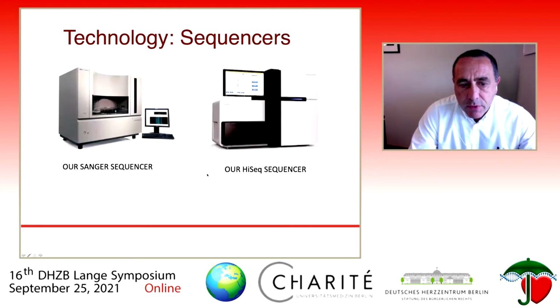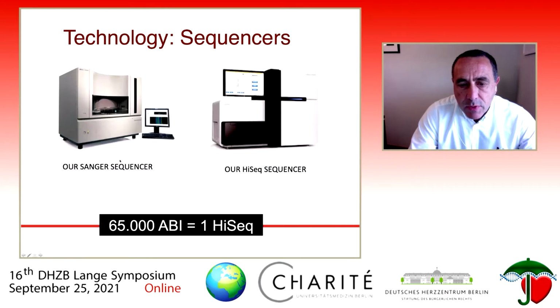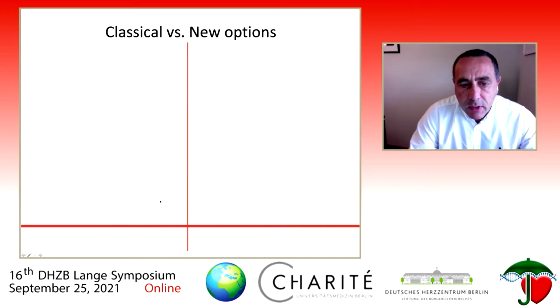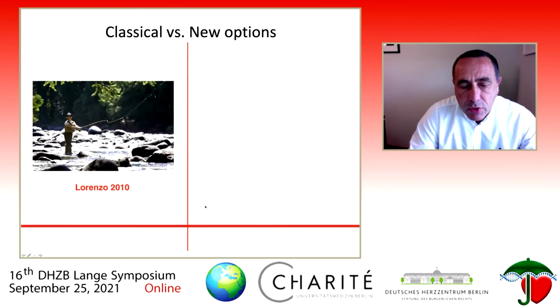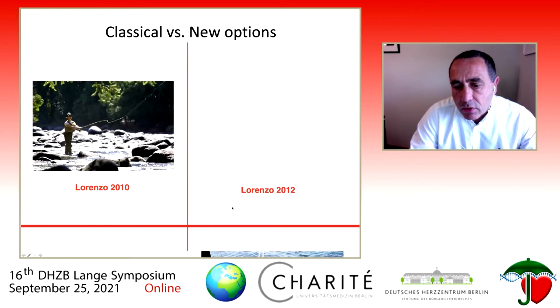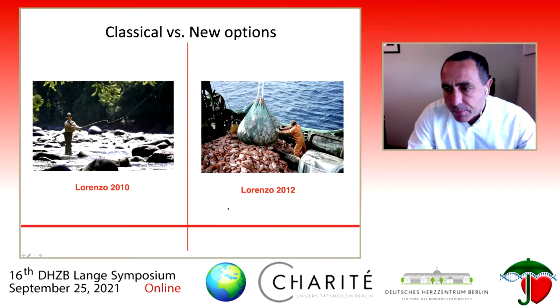We have gone from Sanger sequencing to the possibility of studying the genome with machines like the HiSeq. 65,000 Sanger sequencers are needed to do the same job as one next generation sequencing machine. So we go from the classical approach, fix the gene, to the current approach, fix everything.